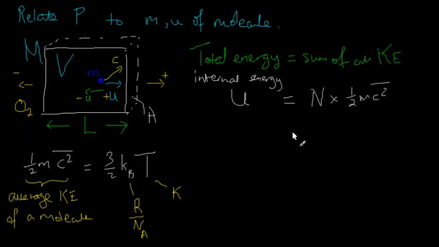So that's the sum of all KE, and we can find this in terms of temperature, because we know that half of mc squared is equal to 3/2 kBT.